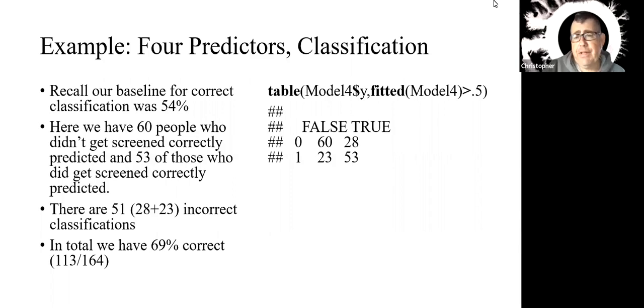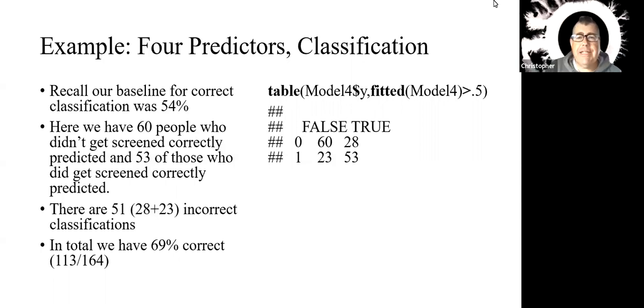In the lower right-hand corner are people who actually got screened and were predicted to get screened, so we got 53 of those correct. In addition to that, we have 51 incorrect classifications. That would be the people who we predicted to get screened but were actually zeros, indicating they didn't, and the people who we predicted would not get screened but actually had gotten screened.